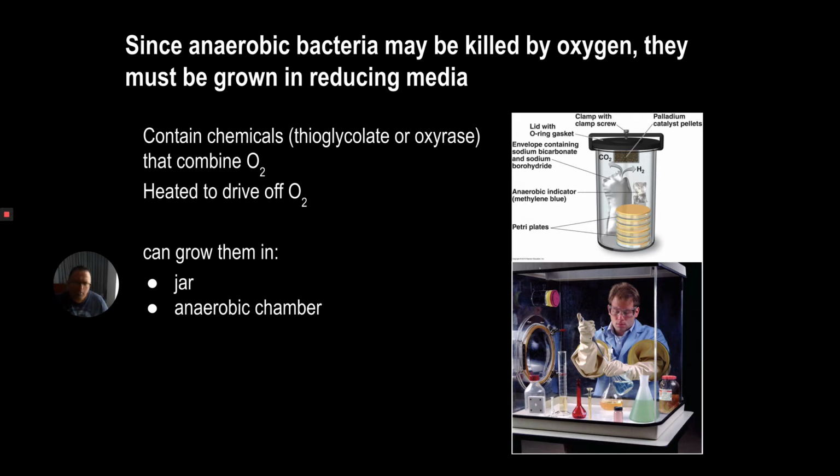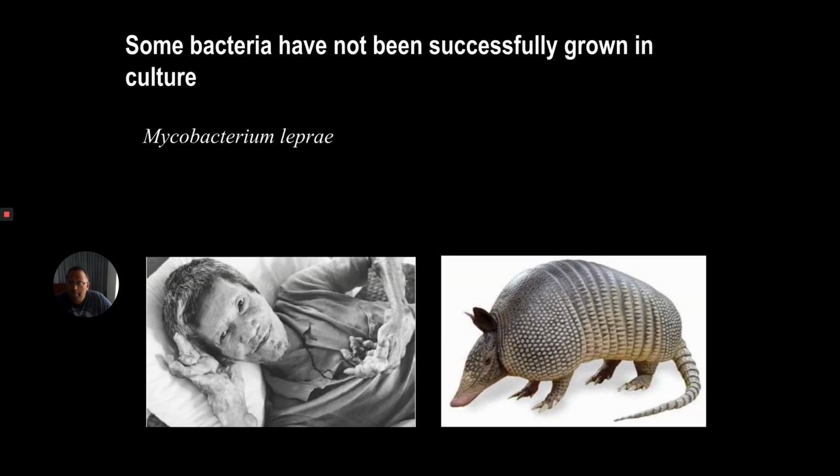Now, typically, we wouldn't do this in an undergraduate microbiome course, but it is something that you might see out in the real world. Some bacteria we can't actually grow in culture. So an example of this is Mycobacterium leprae, which is the cause of leprosy.